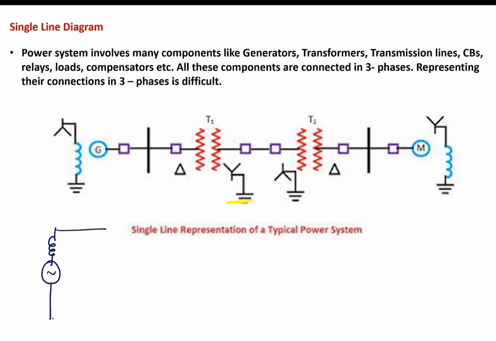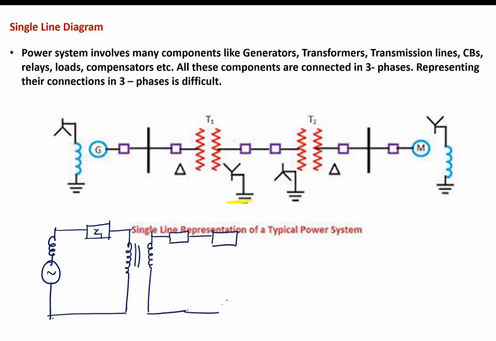Next you have the transformer, which you can write as Z1, and then after the transformer you have a transmission line. Again you have one more transformer, then the secondary side of the transformer. Then you have one more motor.